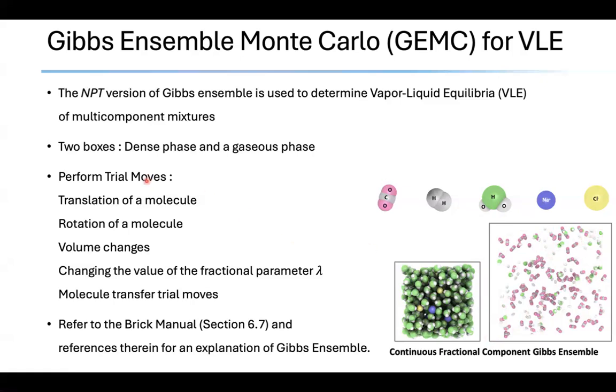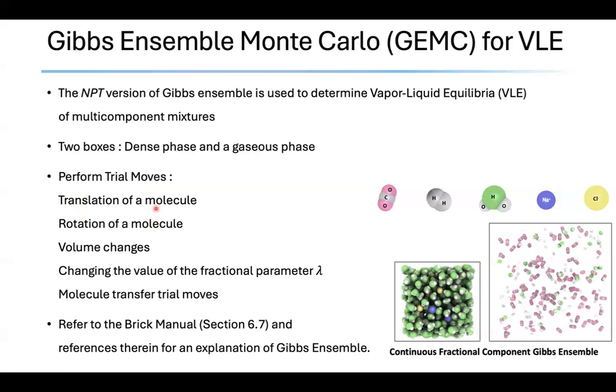Now, to ensure that an equilibrium is reached such that the final state represents the vapor-liquid equilibrium, we perform some trial moves in this simulation. Trial moves are given by the following.